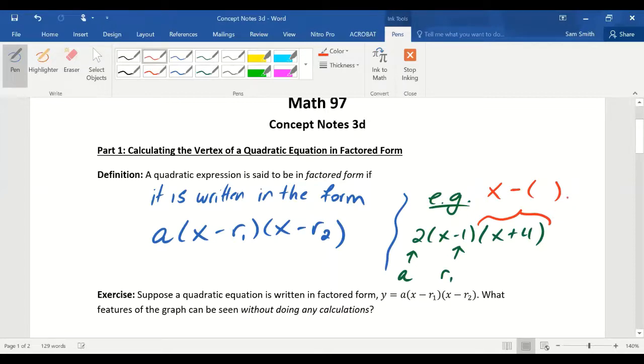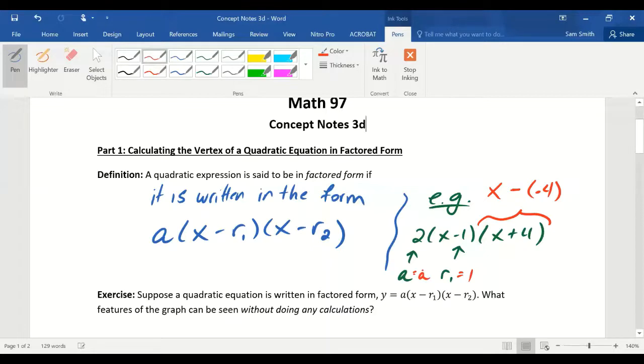What do you think? If this is going to be written as x minus something, what would it be? Now remember, when you subtract a negative number, that's the same thing as adding the positive version of that number. So x plus 4 is the same thing as x minus negative 4.